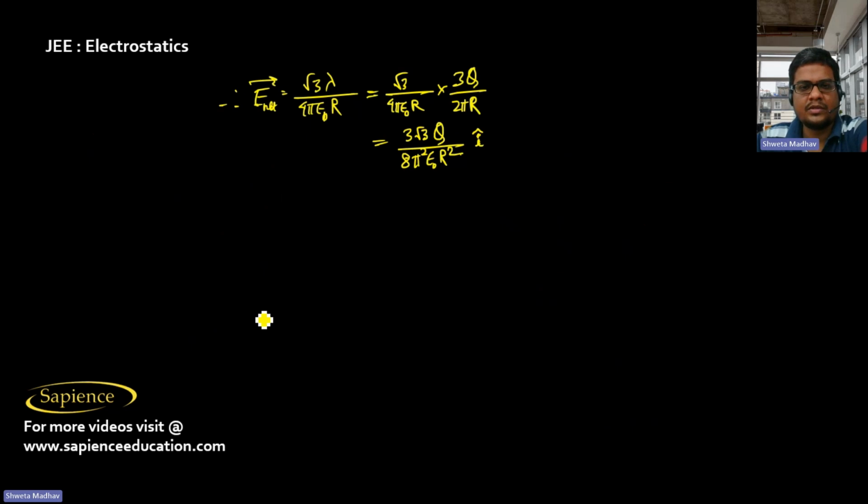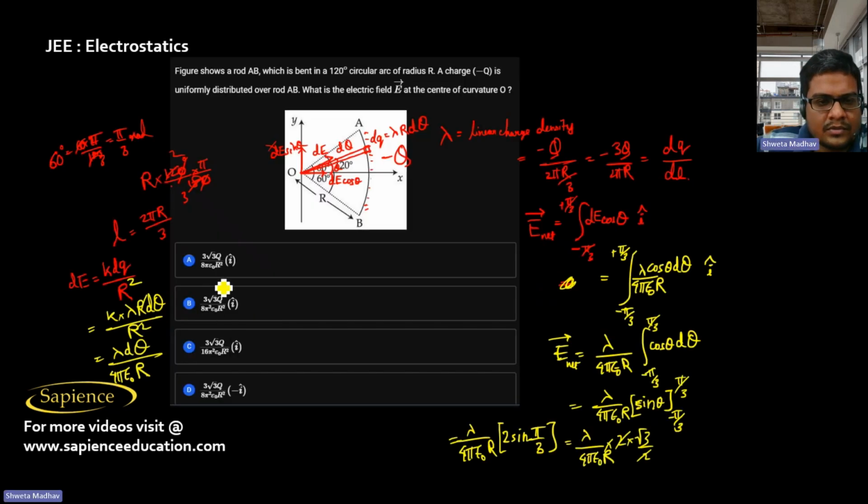So it is 3 root 3 q by 8 pi square epsilon naught r square I cap. So option B is the correct answer.